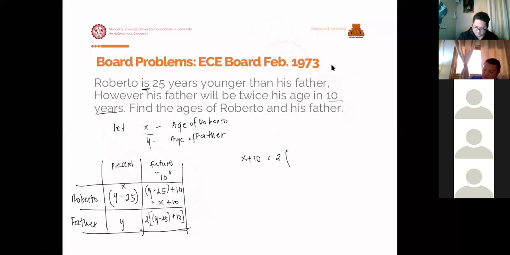Roberto is 25 years younger than his father.